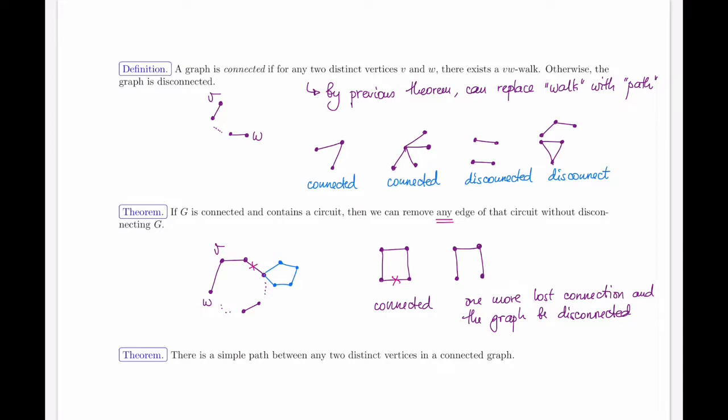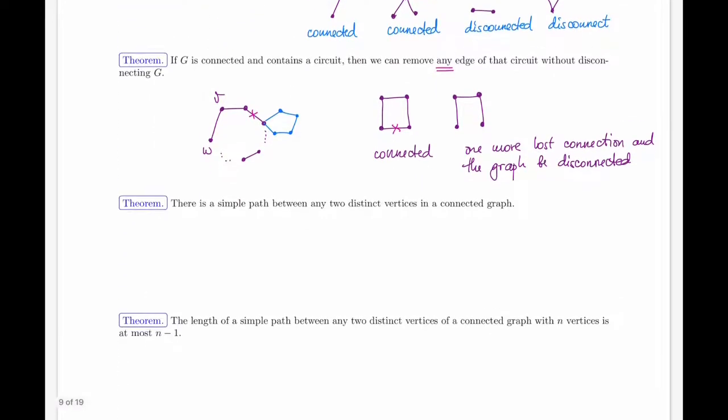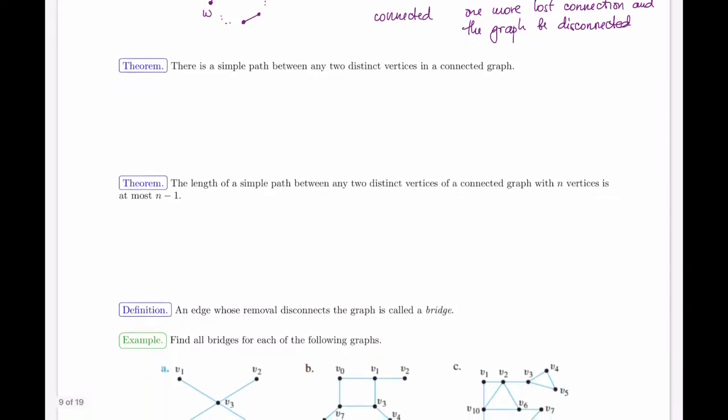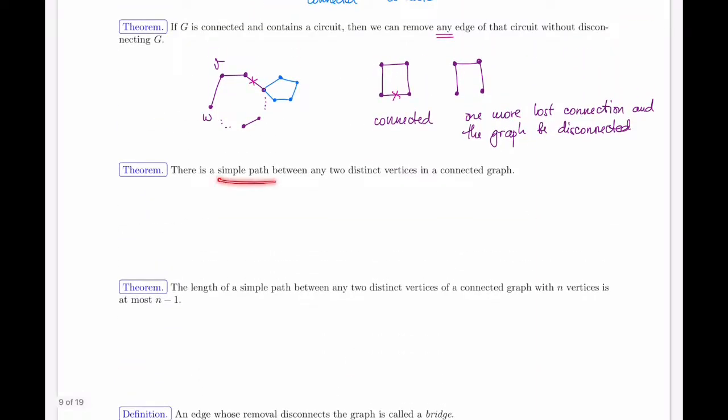And this leads to another really important theorem here. There is a simple path between any two distinct vertices in a connected graph. Okay? I'm going to leave this to you to actually reason out.